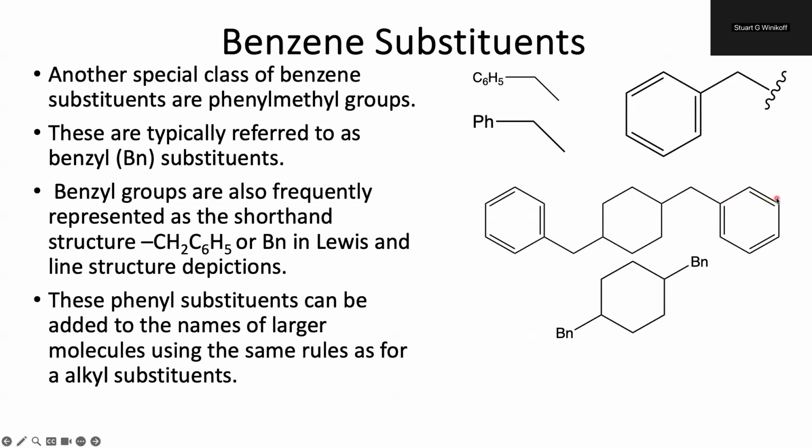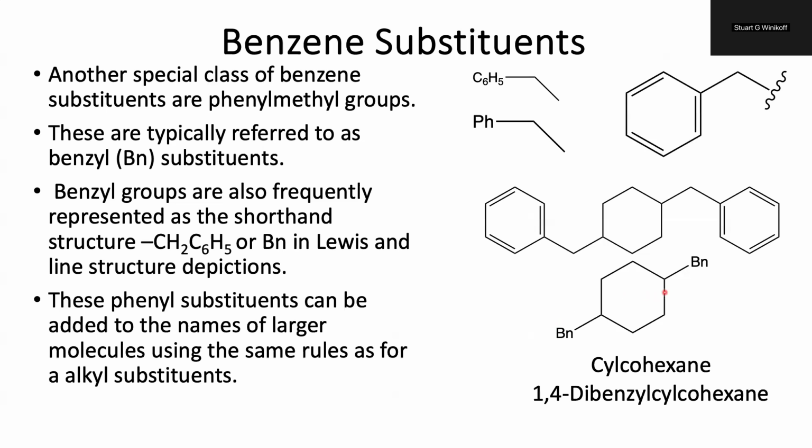So I can shorthand this big molecule with 3 cyclic rings to a simple central cyclohexane ring with 2 substituents, making it much easier to name. So in this case, I can identify that I have a cyclohexane root with 2 benzyl groups at the 1,4 position. So this big molecule now becomes 1,4-dibenzylcyclohexane.